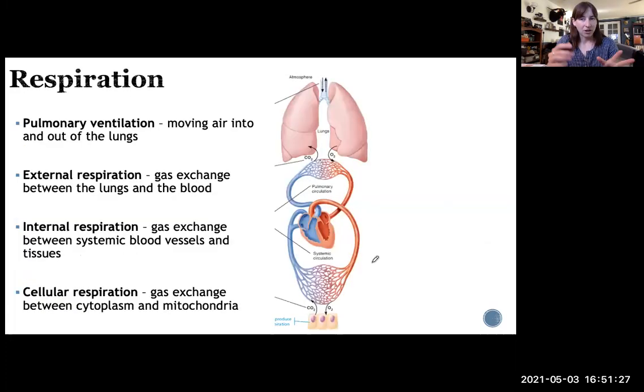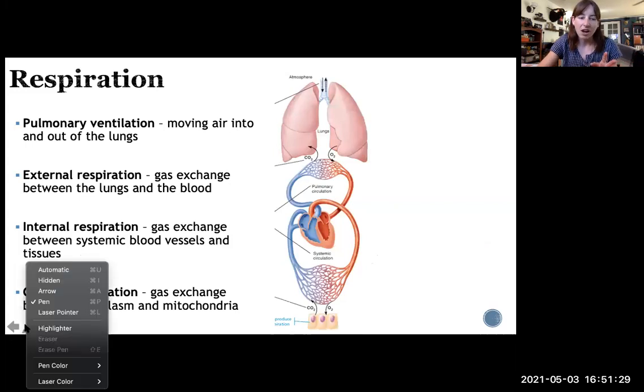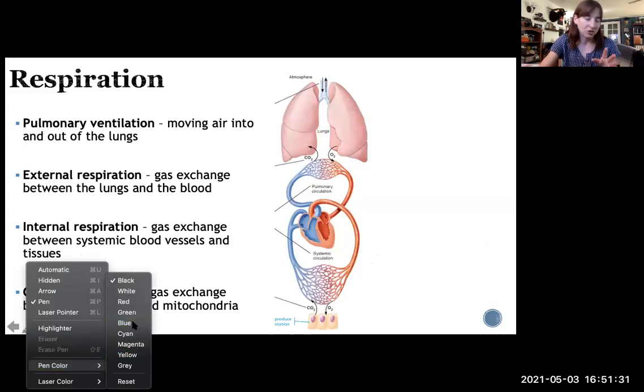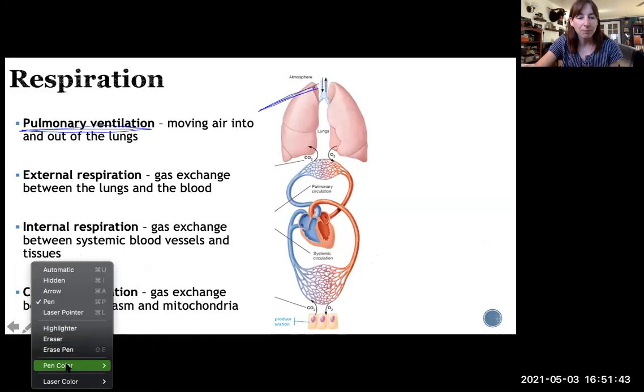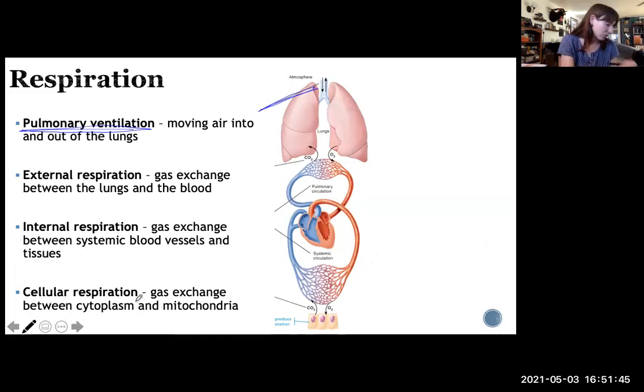Okay, coming back to big picture, we talked about pulmonary ventilation, which is the actual pulling of air into your lungs through the upper respiratory tract and the conductive zone of the lower respiratory tract. We talked a little bit so far about external respiration, which is the gas exchange that happens between the air in the lungs and the alveoli and the blood in the capillaries that are covering the alveoli.